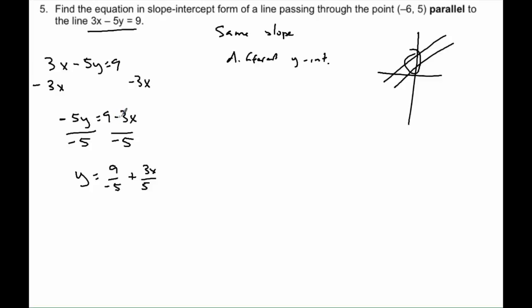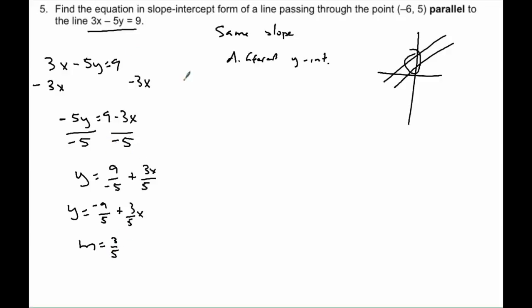It's positive because -3 over -5 is positive. And my y-intercept is -9/5, and my slope is 3/5 x. And that's what I needed. I needed to find the slope, which is 3/5. It looks familiar to the one that we just did.